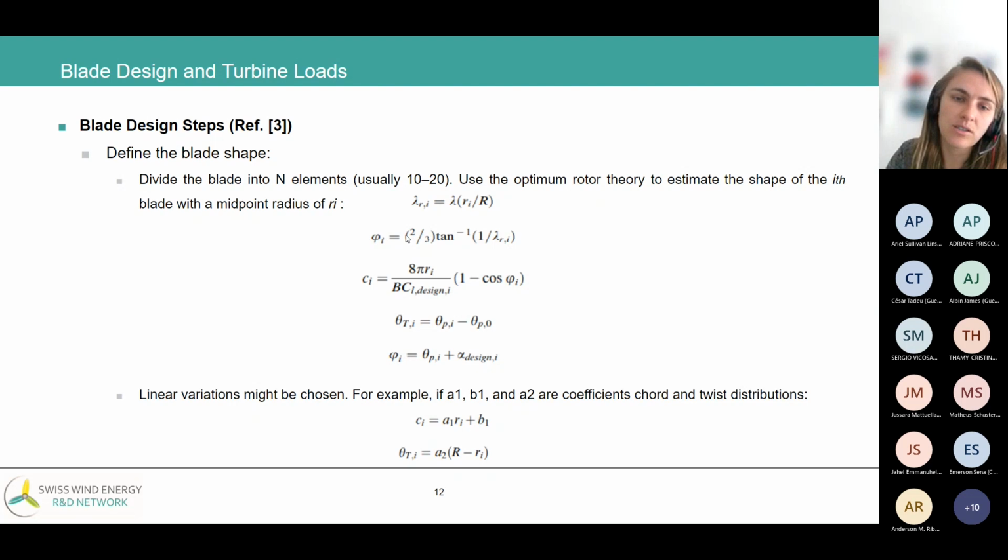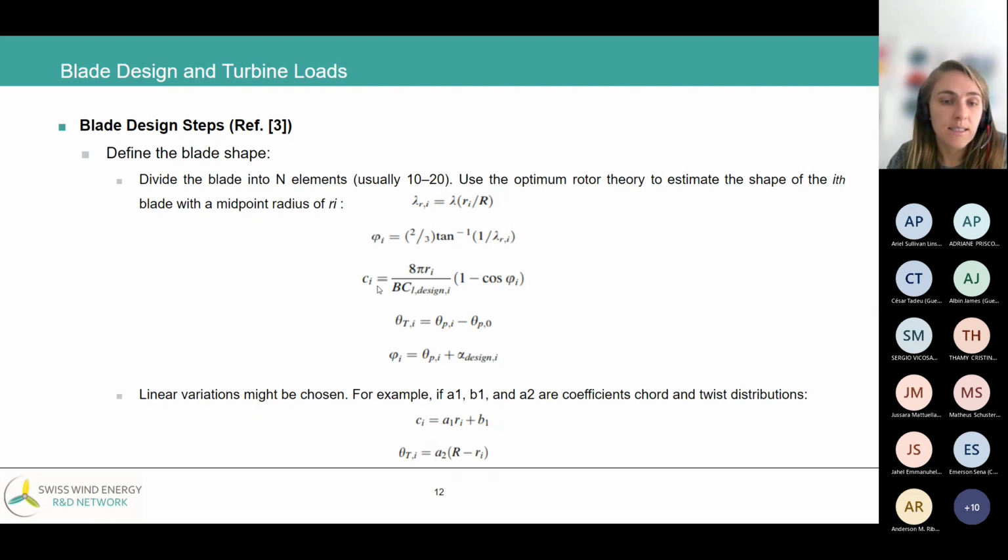But then in order to have this equation, there's a couple of others, but I just put the final one to do here the step by step. Then you define the local angle between the chord and the resultant wind speed.